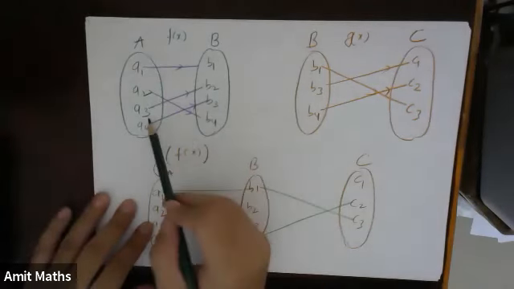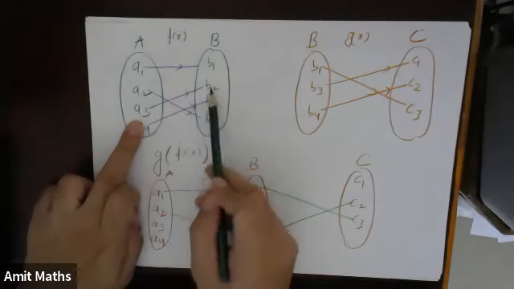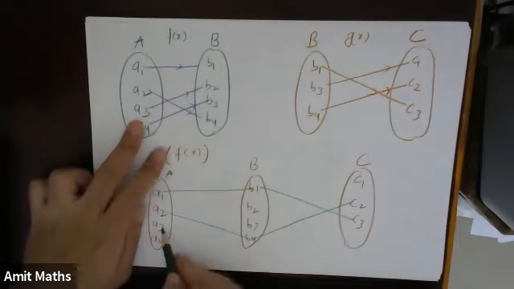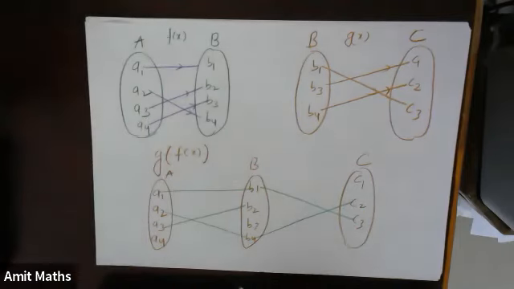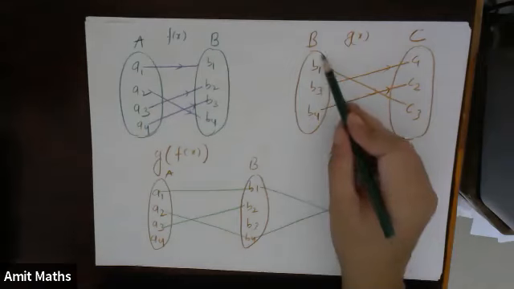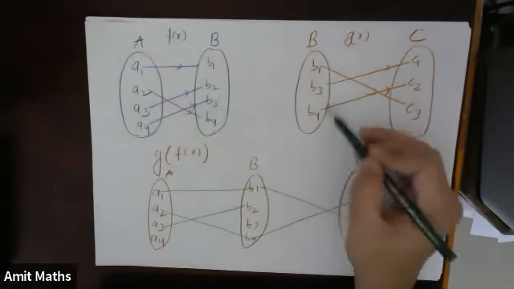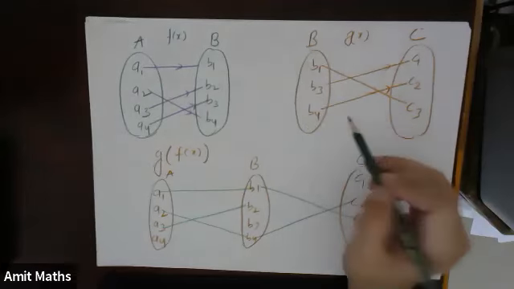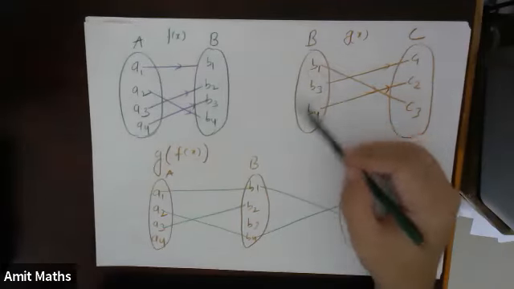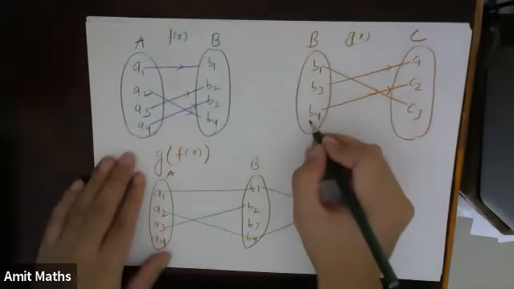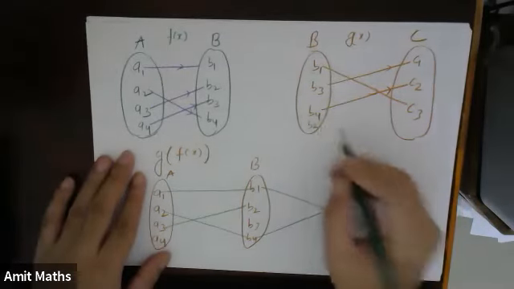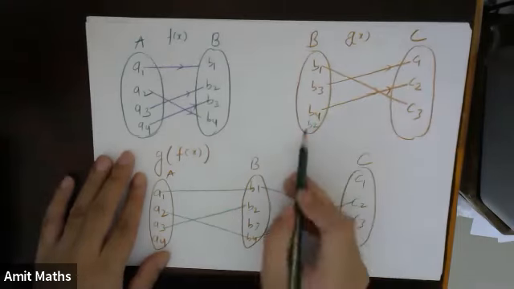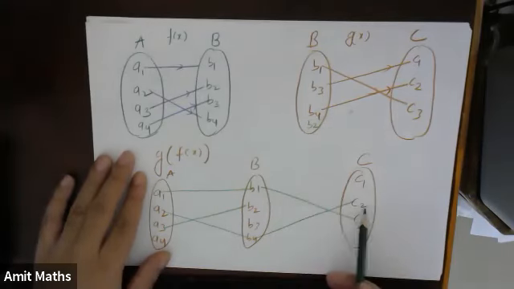Third element, which is A3. A3 is getting linked with B2. Here if you notice, in the domain of g(x) there is no B2. If it has B2 and it does not have any link in C, that means this will not be a function.